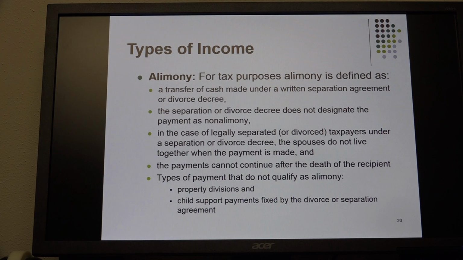If you look at page 25, line 11, alimony received. And so you have to include any alimony received as income.